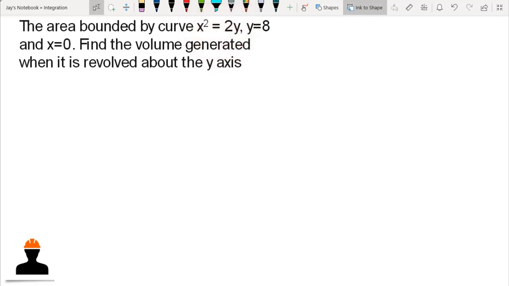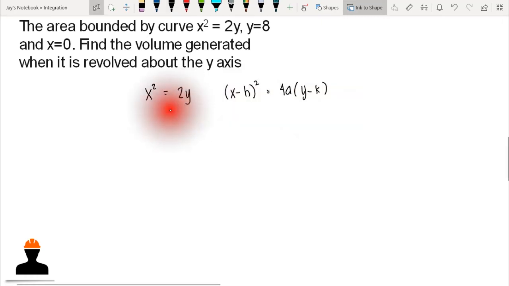Okay, now this is a parabola, since we have x squared is equal to 2y. Now, this parabola here is in the same form as our general equation of a parabola, which is (x minus h) squared is equal to 4a (y minus k), correct? In which our h and k here are equal to 0, and we know that h and k is the vertex of our parabola.